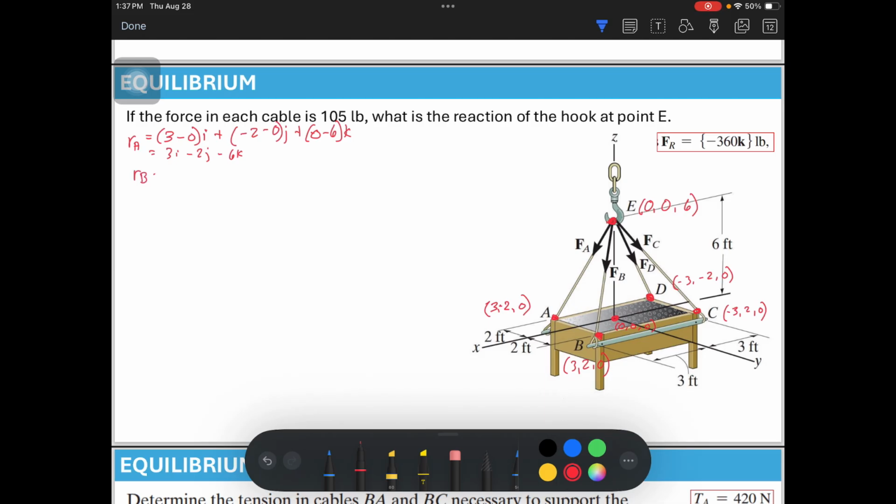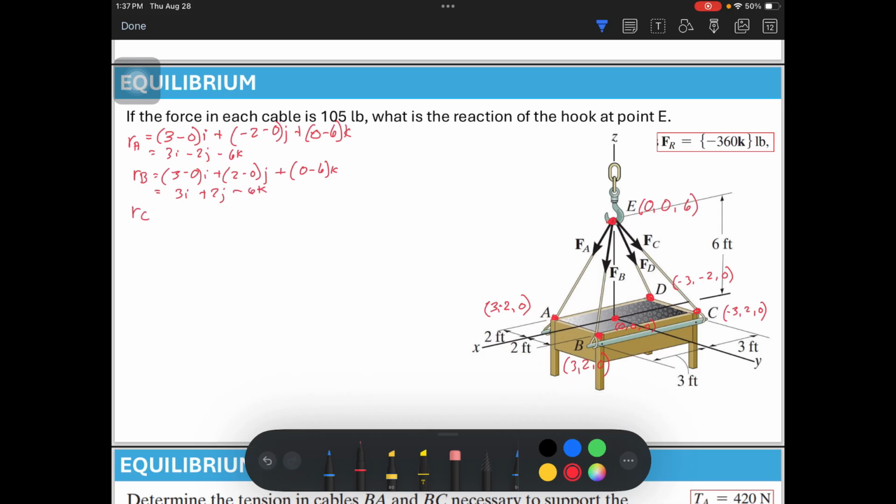Our RB naman, it's 3 minus 0 I plus 2 minus 0 J plus 0 minus 6 K. So, this is 3I plus 2J minus 6K.